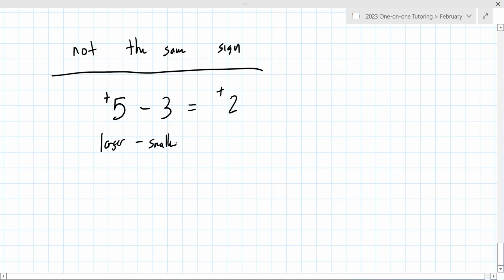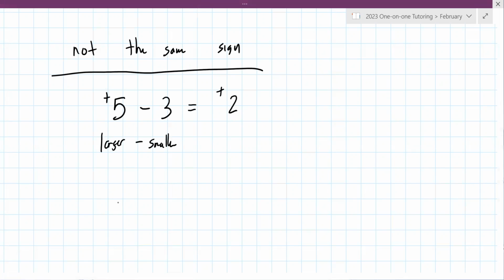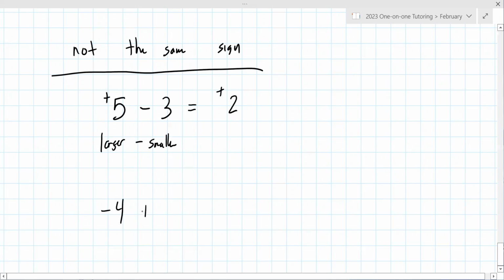Okay. So let's look at another example here. Let's say it's -4 plus 7. Are these not the same sign? No. One's negative, one's positive. Which is further from 0? 7 or the 4? 7. Yeah, so that tells you it's positive.